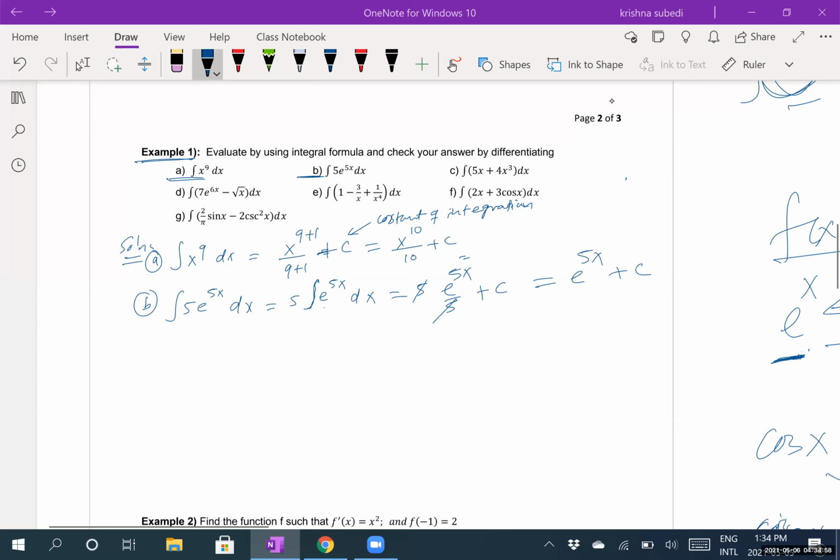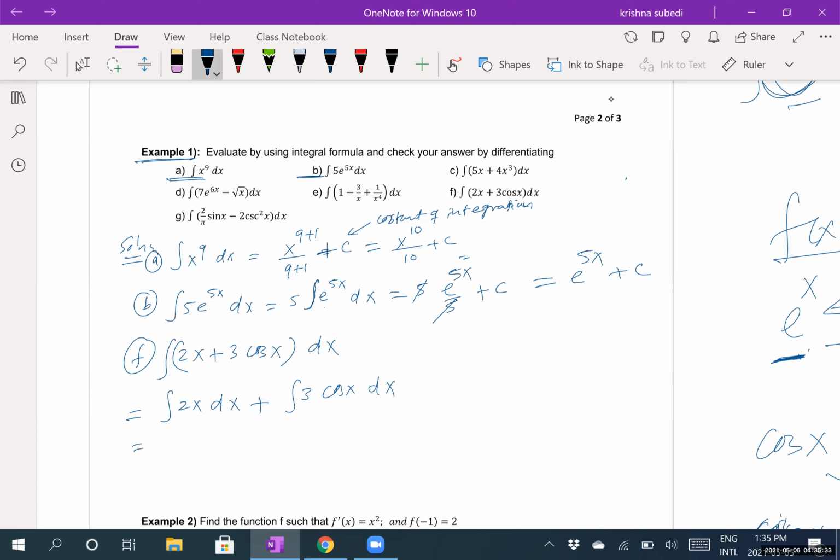Okay, F. Let me just copy question F, which is the integral of 2x plus 3 cos x dx. So what we can do is, there is a plus sign, we can write 2x dx plus 3 cos x dx. As a matter of fact, when there is a 2, you may want to write that 2 outside.